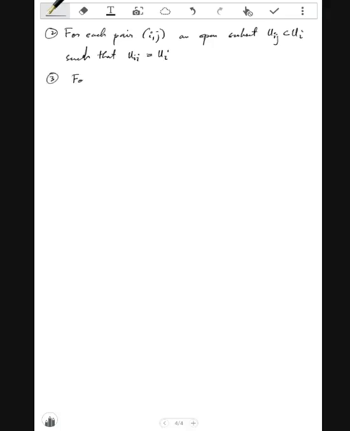For each pair i, j, a smooth diffeomorphism phi ij from Uij to Uji such that phi ii is equal to identity.